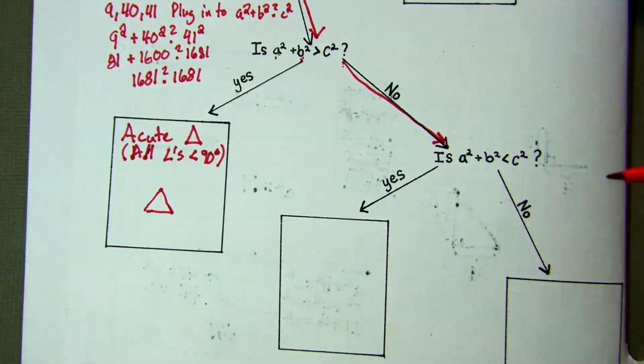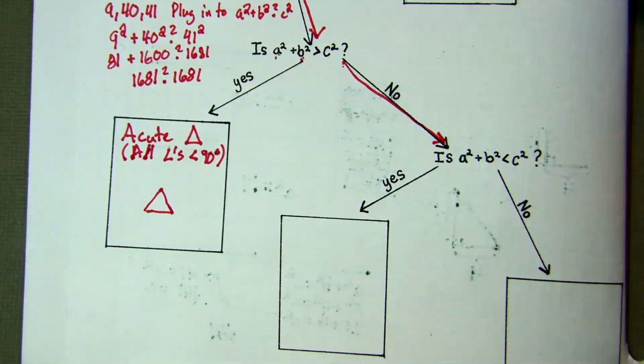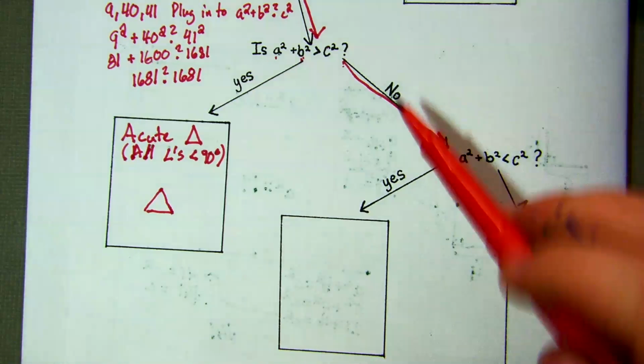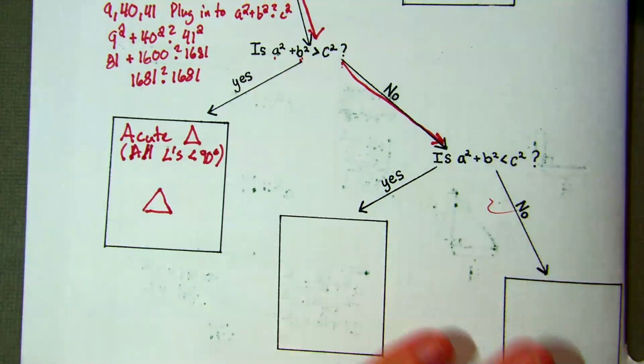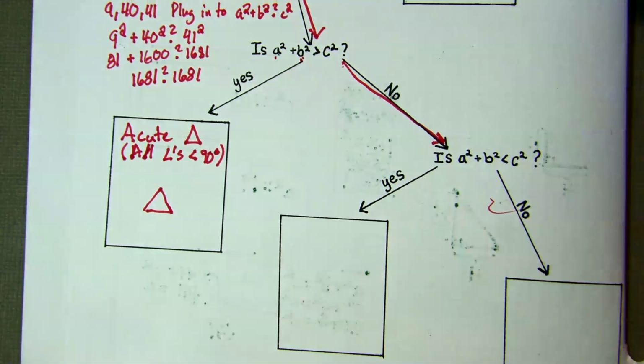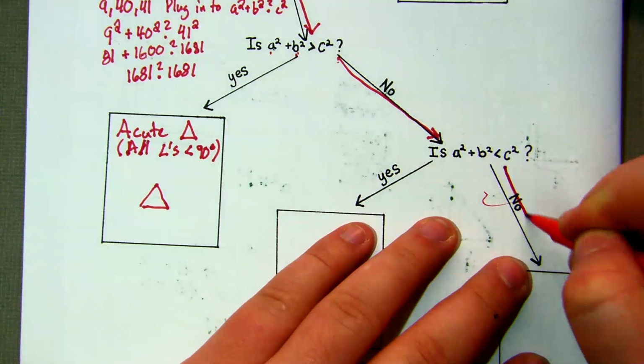So the answer I'm looking for here is no. I see a couple of yes in the chat. And my hint is, since we want strictly less than, it would have to be like 1000 and 1681 for that to work. So we go no.